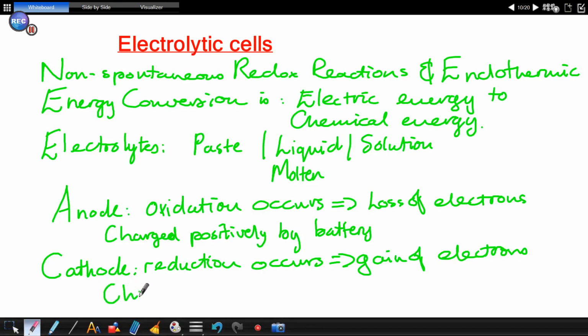It is charged negatively by the battery. So it's just the opposite to the voltaic cells, the anode and the cathode. And it makes sense because the whole functioning of the electrolytic cell is opposite to that of the battery, the galvanic cell.